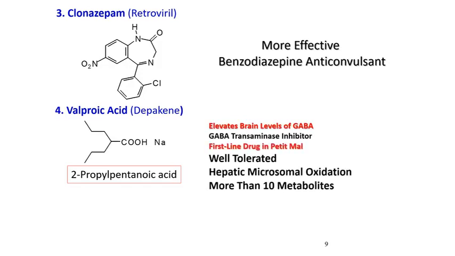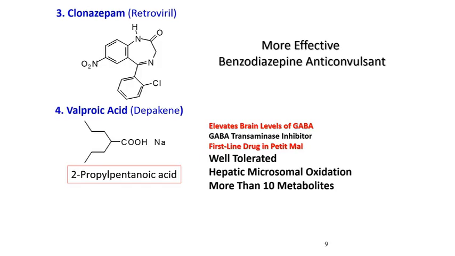Valproic acid has an effect to elevate levels of GABA in the brain because it acts as a GABA transaminase inhibitor. So this is the inhibitor of the enzyme that metabolizes GABA. That's why it extends the presence of GABA in the synapse.